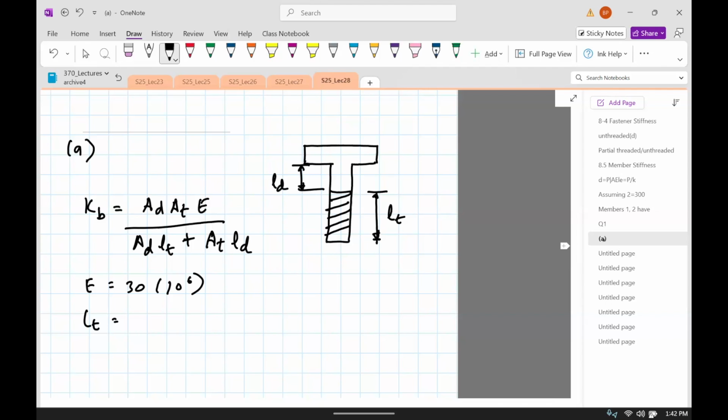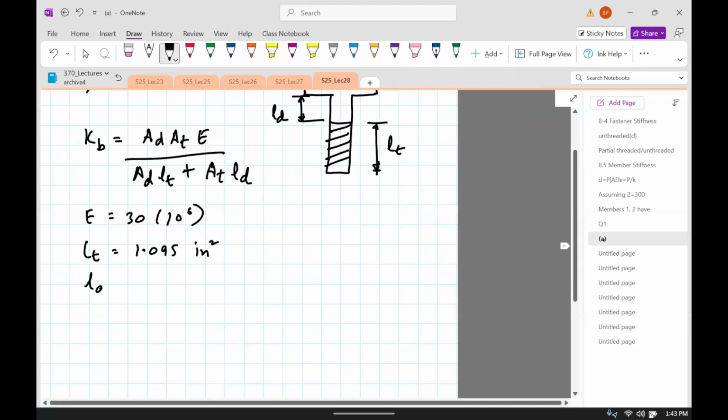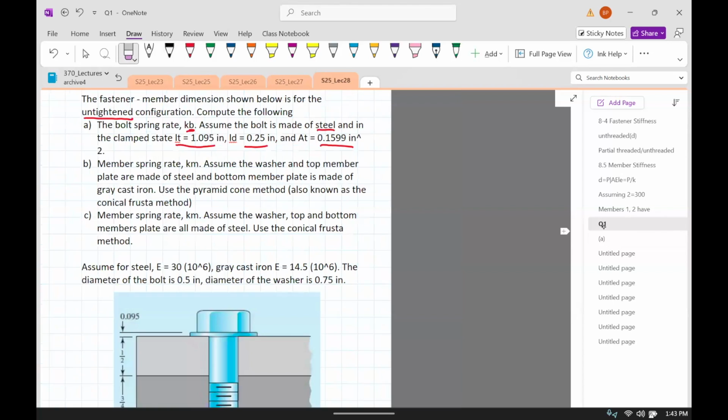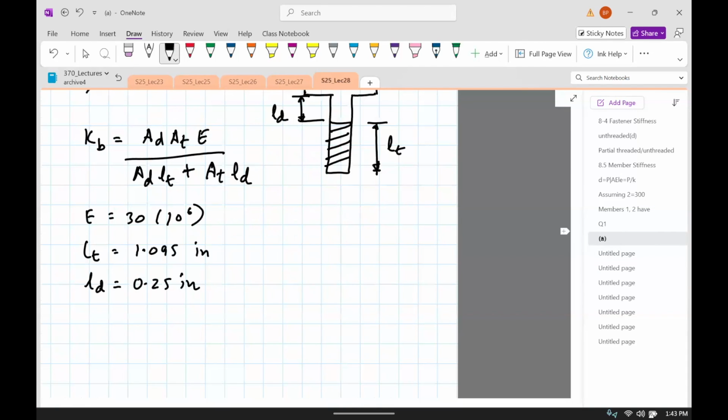LT is 1.095 inch. LD is 0.25 inch. This is all given, 0.25, and AT is 0.1599. Okay, so we need to compute AD.